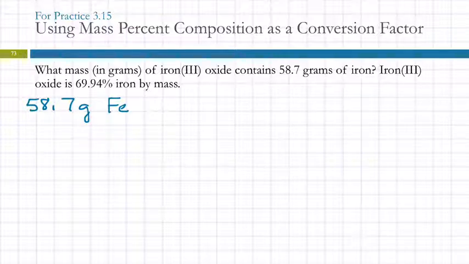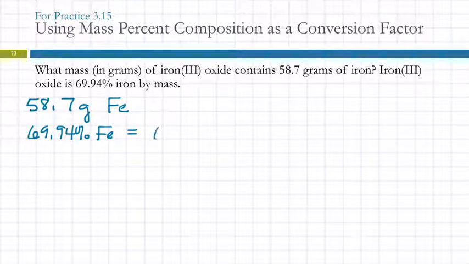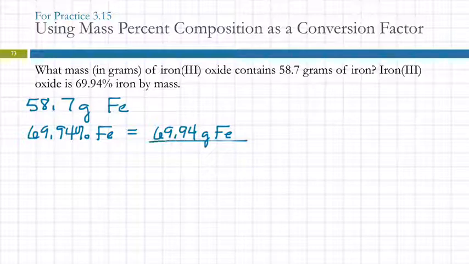And then we've got this percentage, right? 69.94% iron. Percent means per 100. So that is the same as 69.94 grams of iron per 100 grams of the compound, iron 3 oxide.